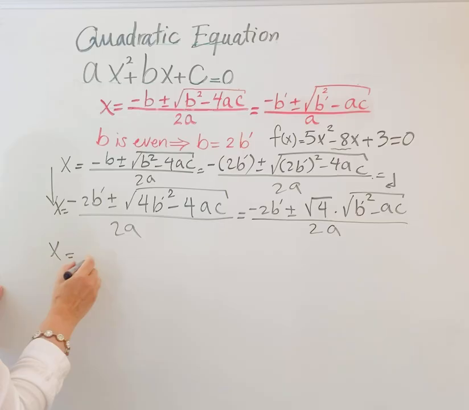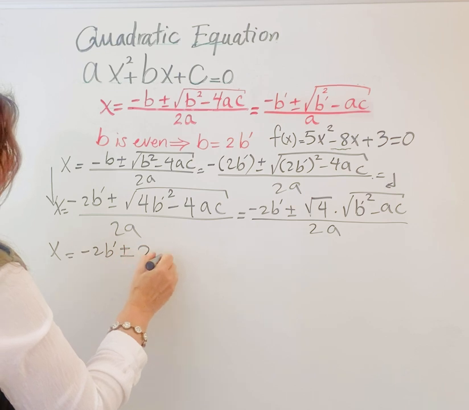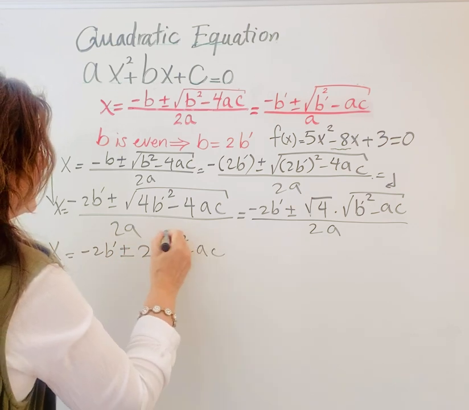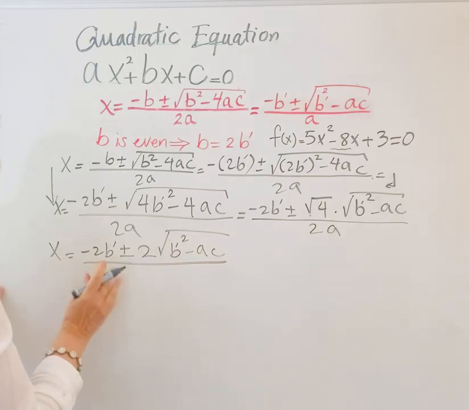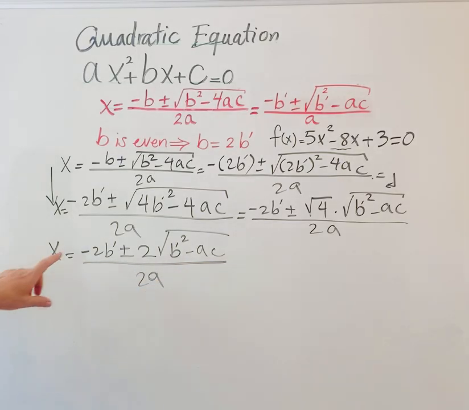x is equal to negative 2b prime plus or minus, this gets 2 times the radical of b prime squared minus ac, over 2a. Now we can simplify. The 2 is here, we can factor it out and simplify with the denominator.